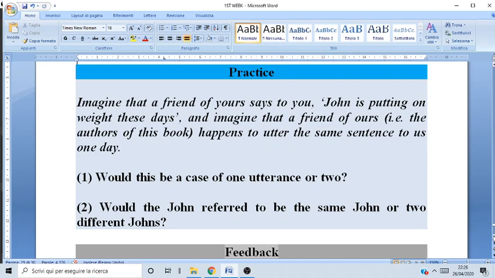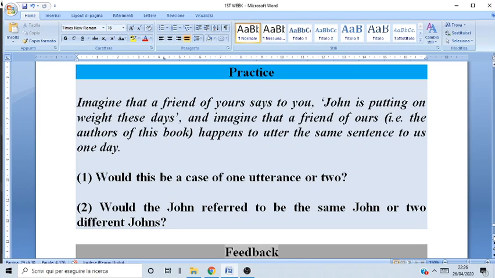Okay, so there's a friend of ours in the classroom, and a friend of the authors. And they say, John is putting on weight these days.